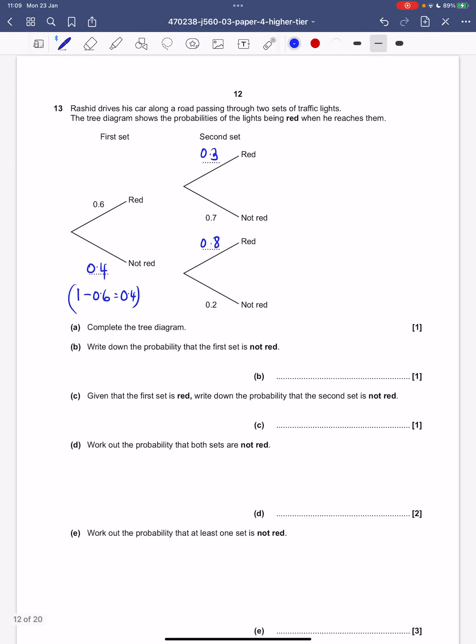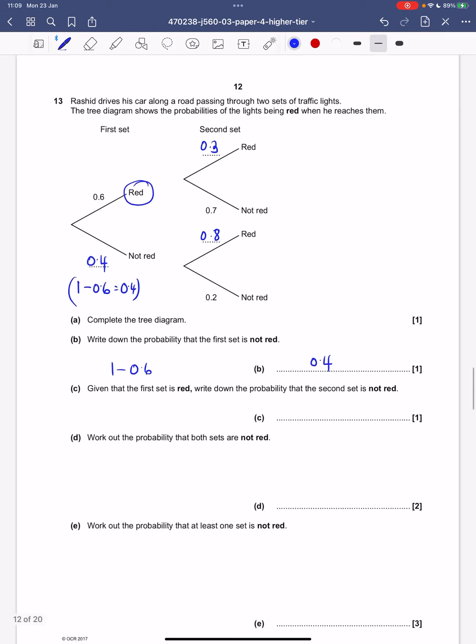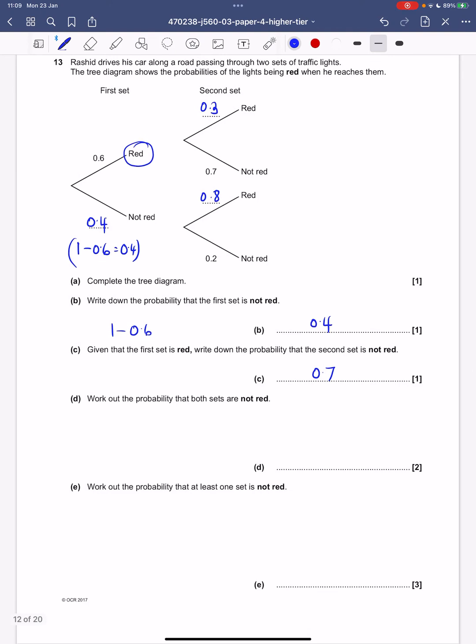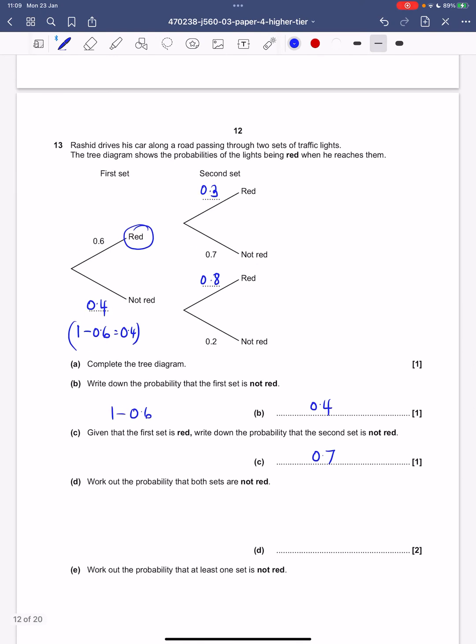Write down the probability that the first set is not red. So that is 1 minus 0.6, which is 0.4. Given that the first set is red, write down the probability that the second set is not red. 0.7.